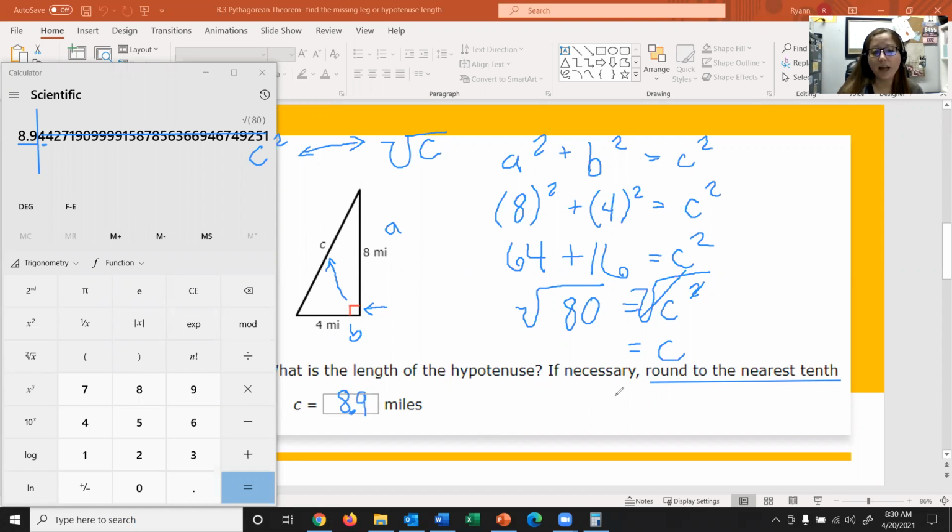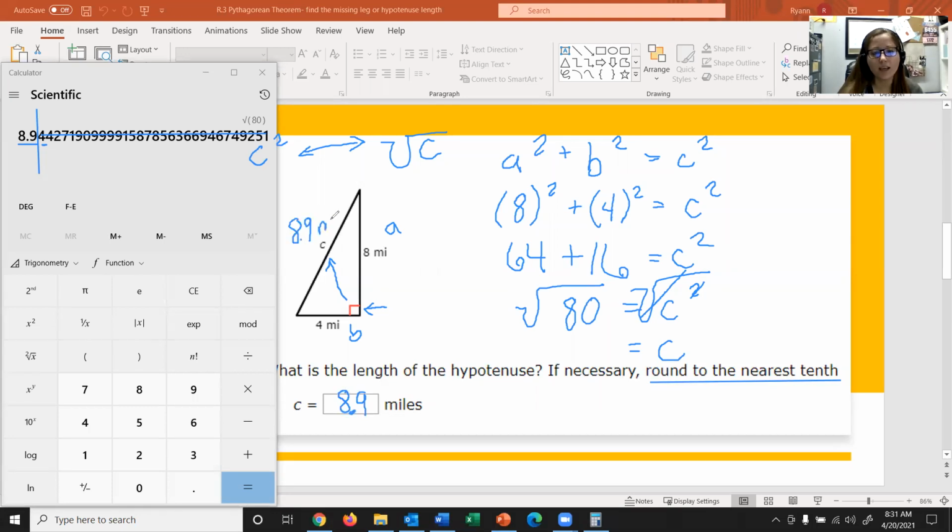Now, a good way to check this to just make sure that you got it correct is at the beginning of this video, we talked about how that hypotenuse has to be the greatest length, okay? It's going to be the biggest number that you have of that triangle. So if we check the sides, we have 4 miles and we have 8 miles, okay? And then this hypotenuse we're saying is 8.9 miles.